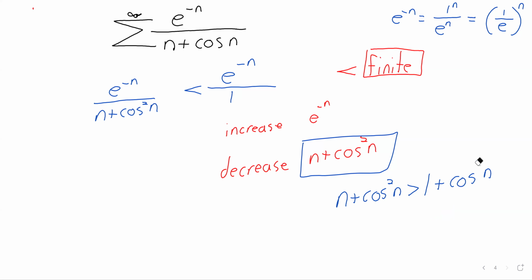So 1 plus the cosine of n isn't necessarily bigger than 1. Sometimes it's bigger than 1, sometimes it's less. You can't then replace this with 1, and it's not clear where you would go. Probably you would use something other than the comparison test, although offhand I'm not clear what else you would use.